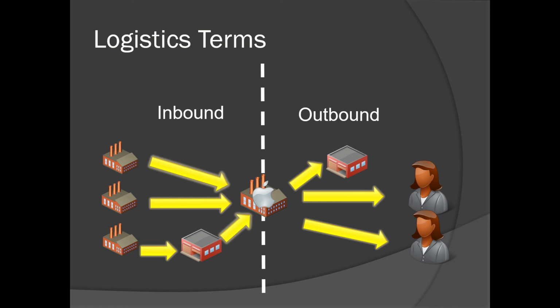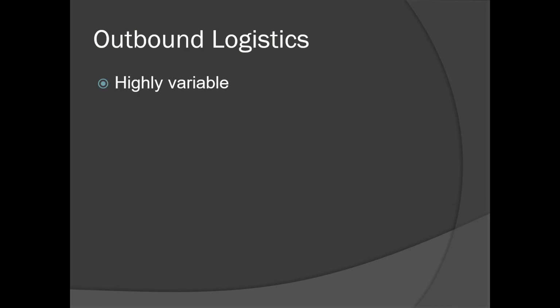Unfortunately, a lot of companies choose not to do that, and we'll spend some time talking about those differences. On the outbound side, you actually decide when to ship, but that's based on customer orders, right? So if they want them within 2 days or 3 days or 5 days, you're going to have to adjust your outbound strategy to that. So we'll dive in. We'll actually talk about outbound first.